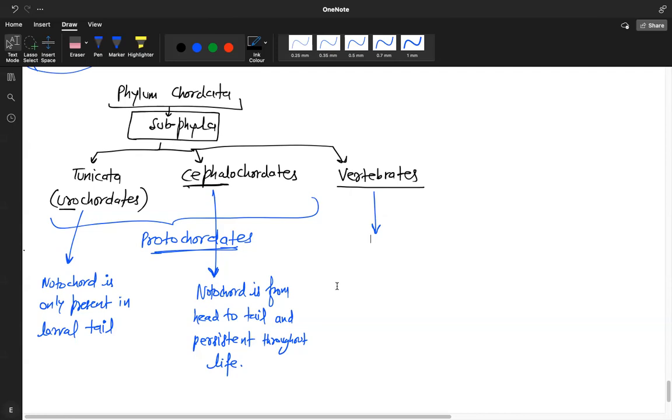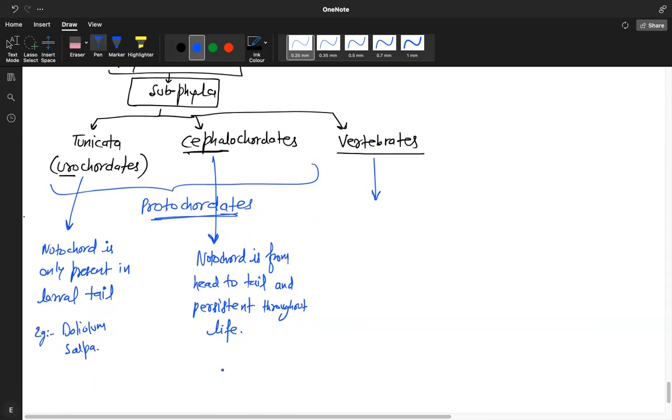Yes. So write down urochordates. Some examples which are asked: Doliolum has been asked in NEET, and there's one more called Salpa. These two are there.